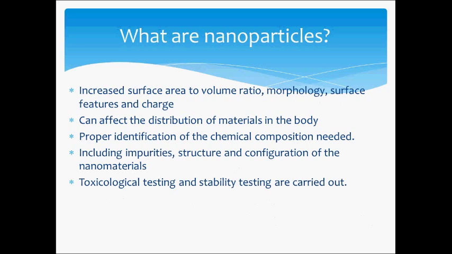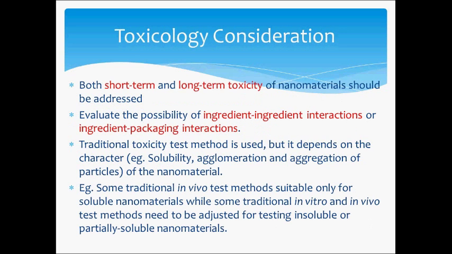So, proper identification of the chemical composition is needed. This includes the impurities, structure, and configuration of the nanomaterials, and toxicology testing and stability testing need to be carried out.